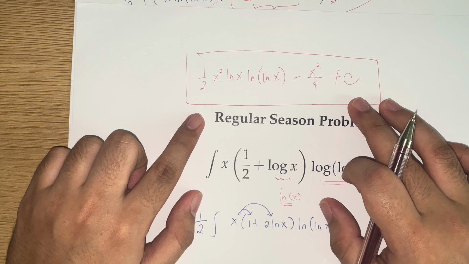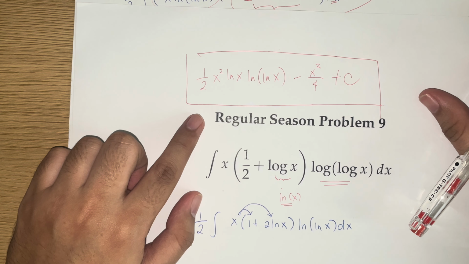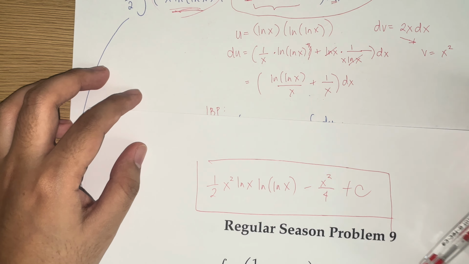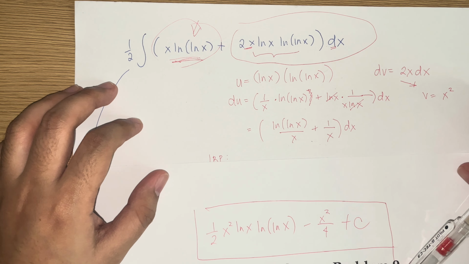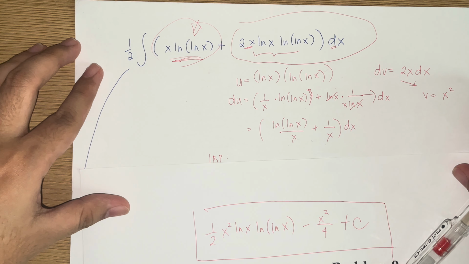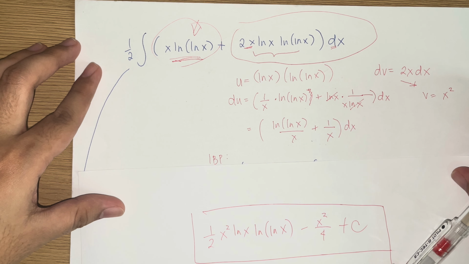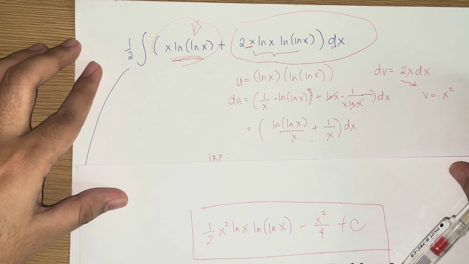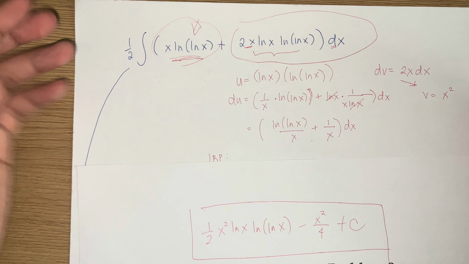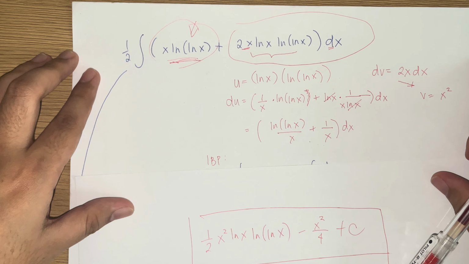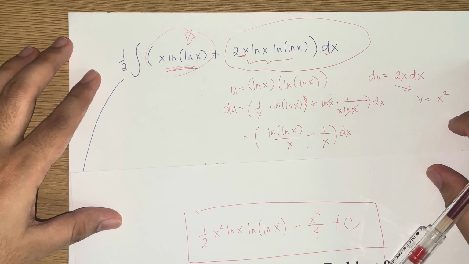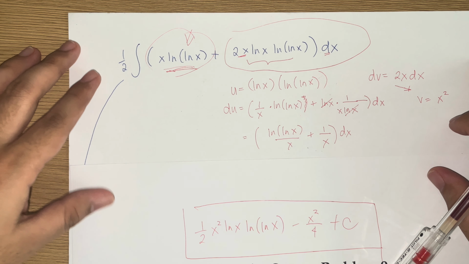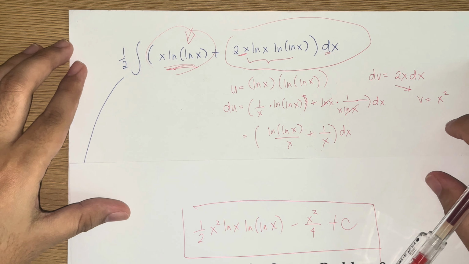So again, what we just did here is we split the integrand, and then used integration by parts on one of them, and then we saw magic. If you have an alternative solution, let me know in the comments.